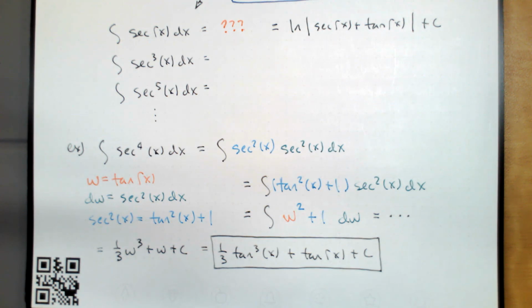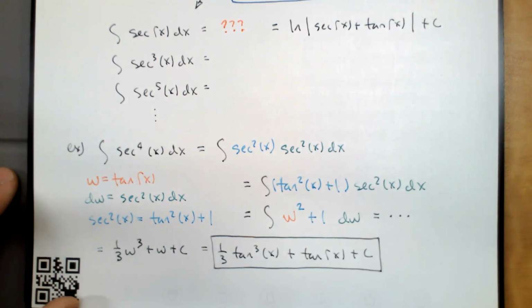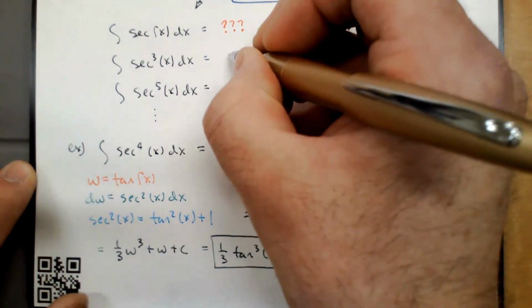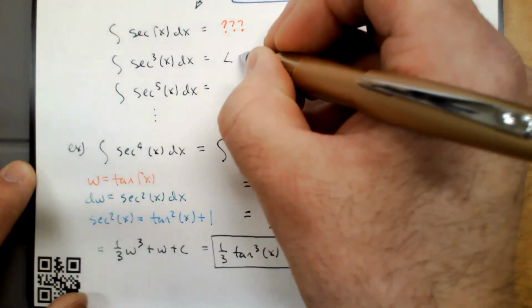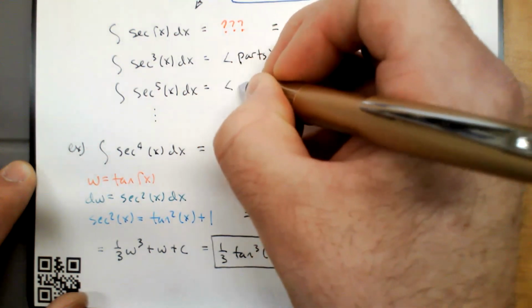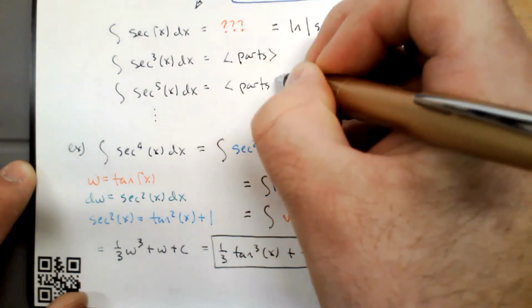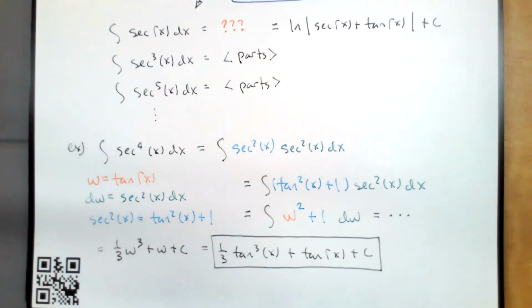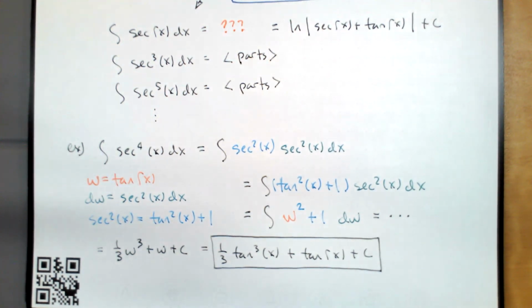Once we establish the integral of secant to the first x, that odd power of secant, we can use that in subsequent odd powers of secant. After that, it's all parts.